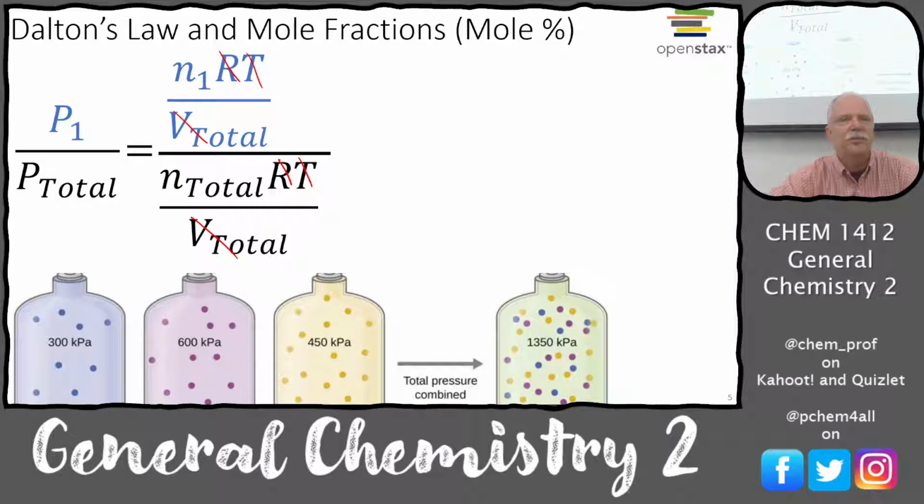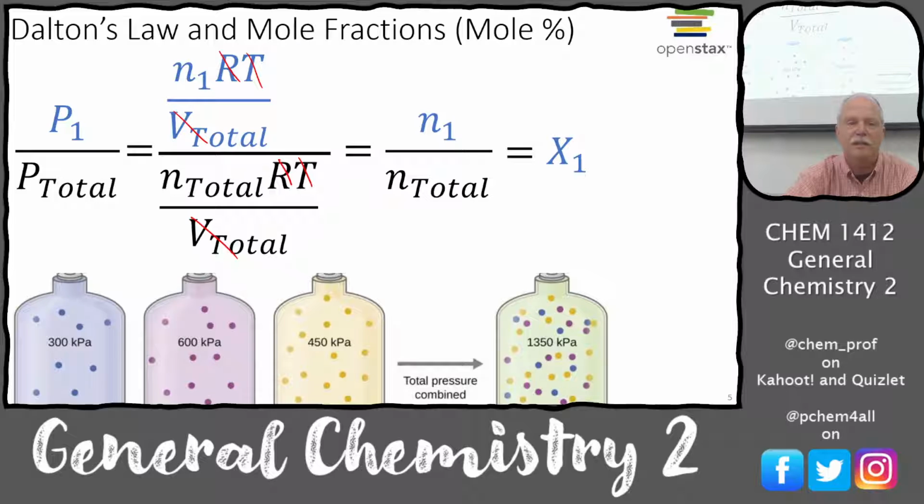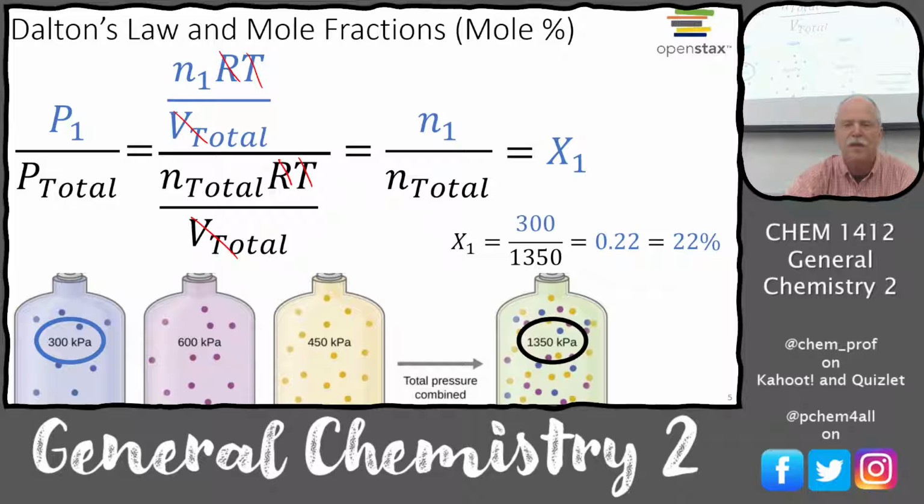You could take the partial pressures and you could determine the concentration of that gas in this container. And that concentration in this case is called mole fraction or mole percent. And we give that the symbol X. So if we have 300 kilopascals for the partial pressure of gas 1 and the total is 1350, then that's going to be 300 divided by 1350, or 0.22.